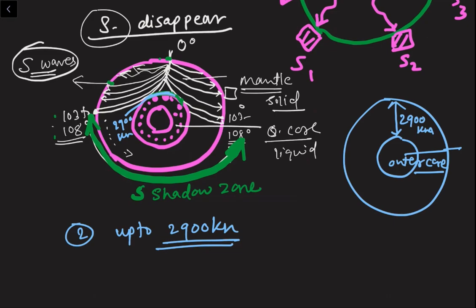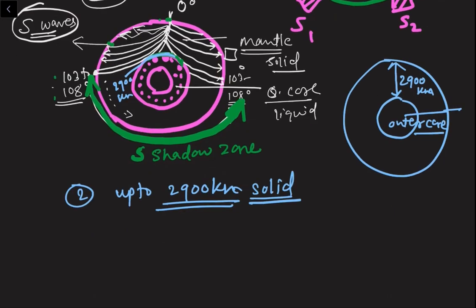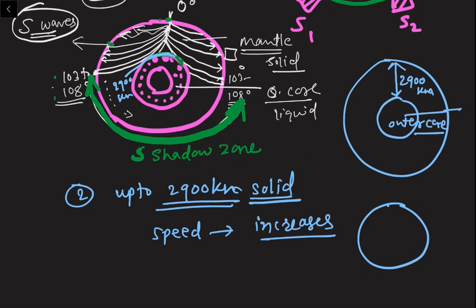Up to 2900 kilometers there is solid material, because till here you have the mantle. So whenever you start traveling from the crust towards the mantle, the speed of the waves increases. Whenever you start traveling from the crust towards the outer core, the speed increases. So why does this speed increase? What can you conclude?